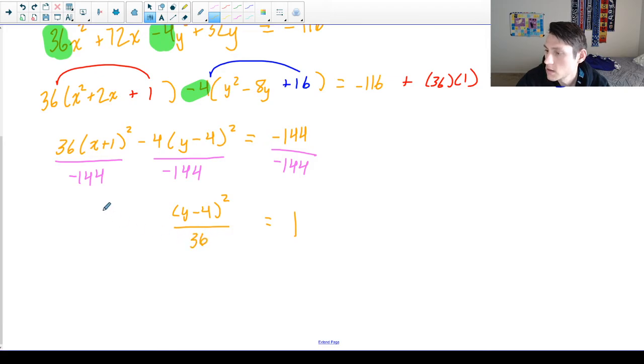Oh, it's just the same. Cool. Notice that the negatives here would cancel, so that's why I put a plus sign. Oops. 36 over negative 144. So that would simplify into 1 over negative 4. So I'm going to put the negative sign out here.